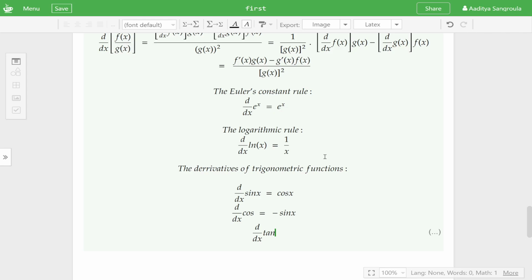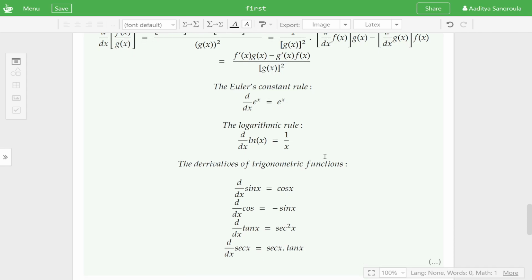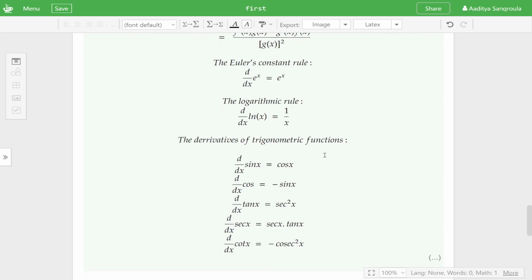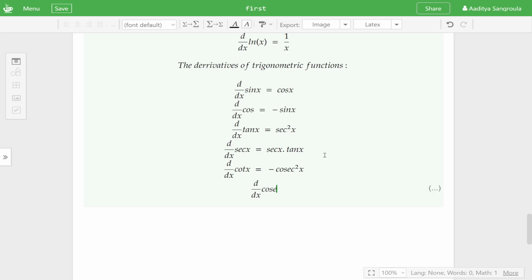The derivative of tan x is equal to sec squared x. The derivative of sec x is equal to sec x times tan x. The derivative of cot x is equal to minus cosec squared x. And the derivative of cosec x is equal to minus cosec x times cot x.